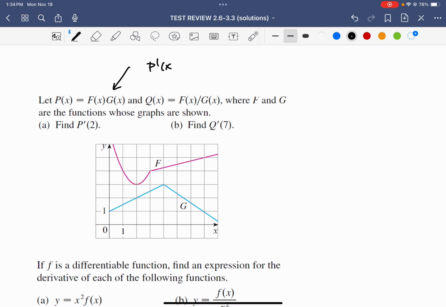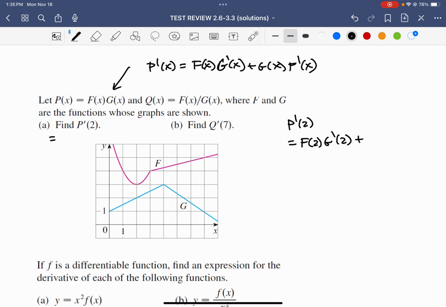So P prime is first times derivative of the second plus second times derivative of the first. That means P prime at 2 is f of 2 times g prime of 2, plus g of 2 times f prime of 2. So f at 2 looks like it's 3, and g at 2 looks like it's 2.